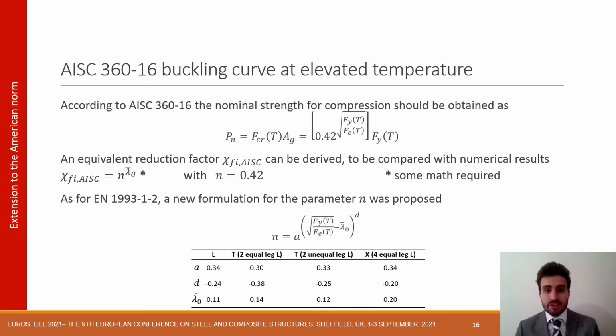The parameter N can be identified and modified to obtain an improved formulation for members subjected to torsional and flexural-torsional buckling. And as you may see in the table in this slide, we have the parameters A, D, and lambda 0 again that numerically define the best solution.